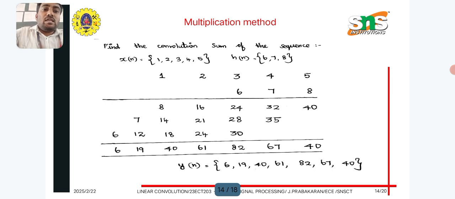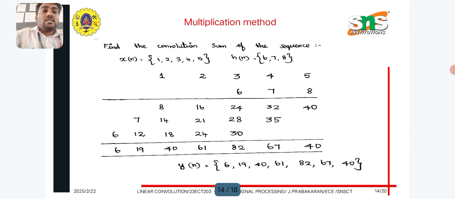This is the multiplication method. Two sequences are given, x of n and h of n. The length of x of n is 5 and the length of h of n is 3. Each element of h of n is multiplied with all the elements of x of n.